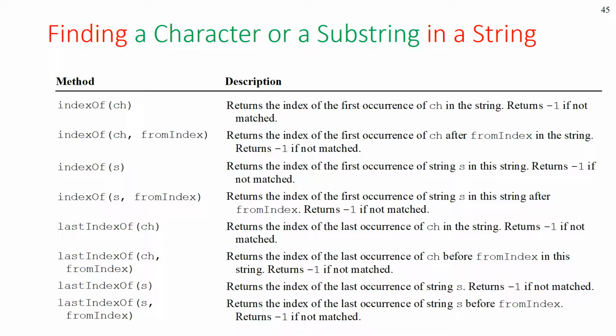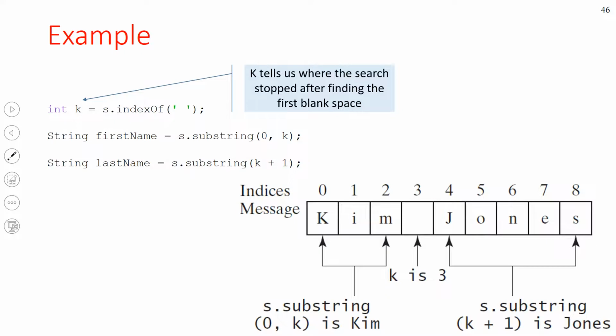If you use lastIndexOf and don't specify a from index, that's the first variant, it looks for this character starting at the end up to index 0. If you specify an index, it starts at that index and goes toward the beginning. So one way or the other, you can search for single character occurrences or substring occurrences.